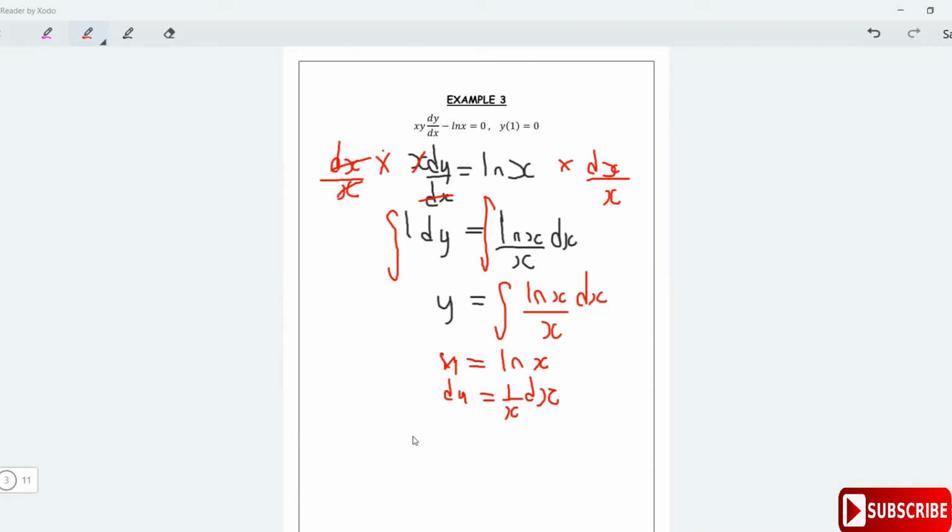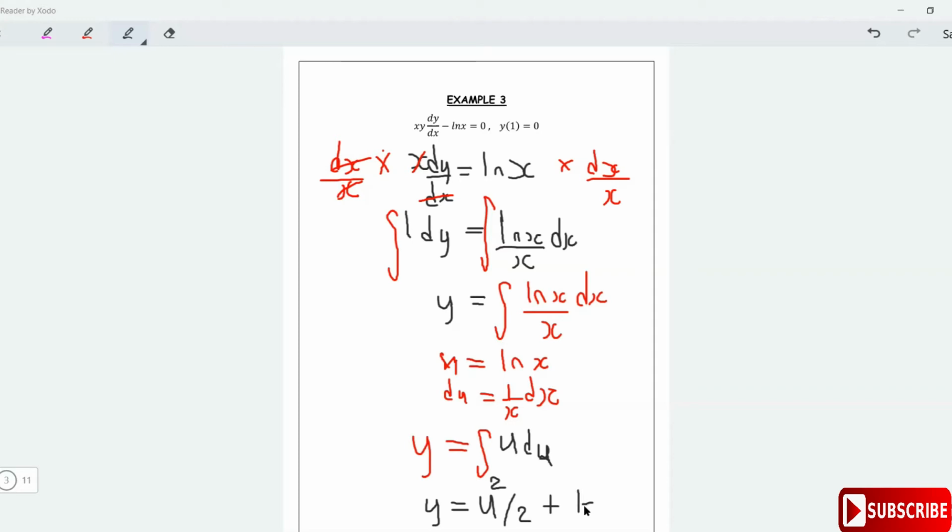So let's do that substitution. Now y is equal to the integral of u, then 1 over x dx is du. So y is going to be equal to the integral of u du. We add 1 to the power, so we get u squared over 2 plus some constant k.